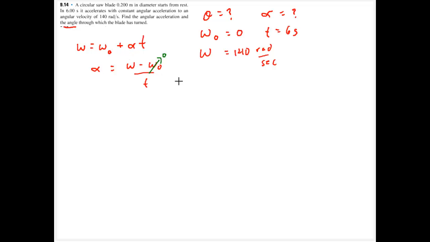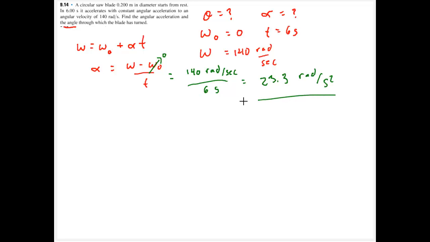Initial angular velocity is equal to 0, so we're really left with 140 radians per second divided by 6 seconds, and we're going to come up with 23.3 radians per second squared. So there's the angular acceleration.